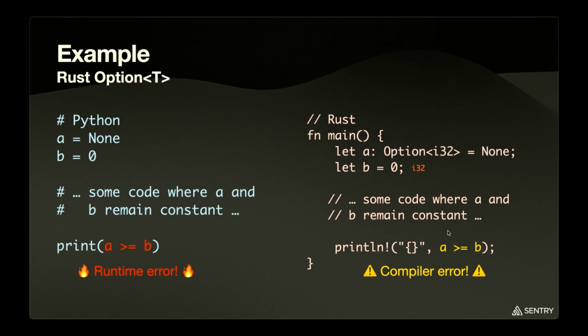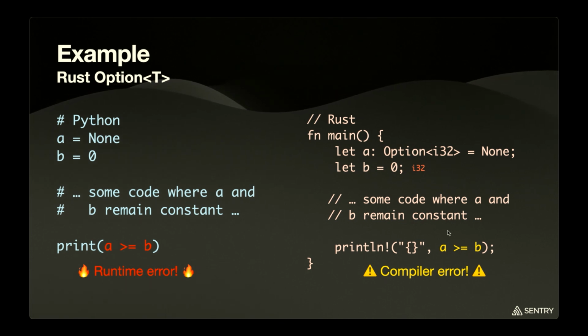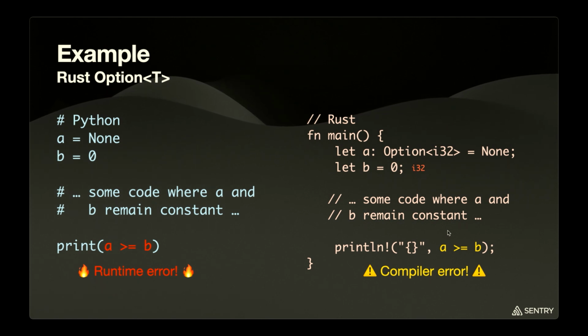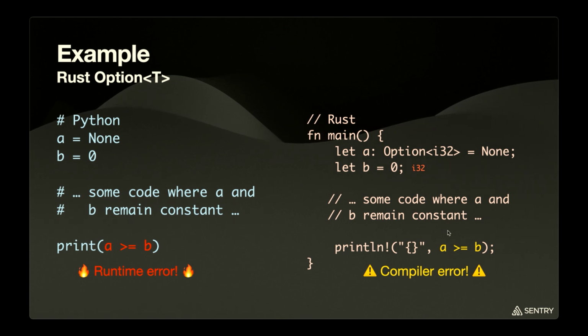So I have a few examples of the different safety features, and of course there's a lot more than just this, but the first one is maybe the idea of null types. So in Python, you can have a None, and that can be assigned to anything. In Rust, basically, you have to opt in to allowing a type to be None.